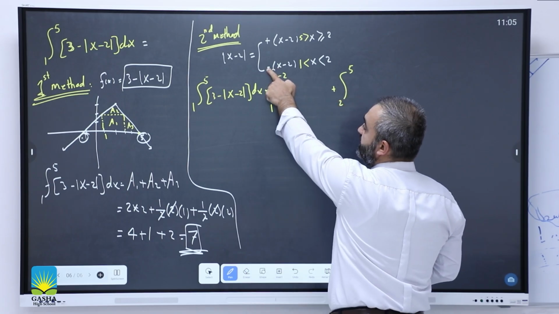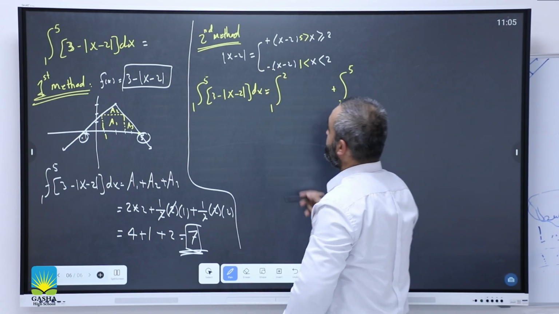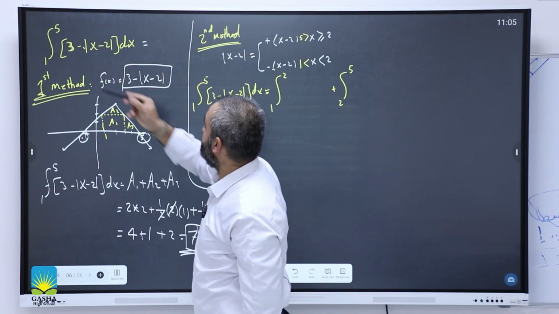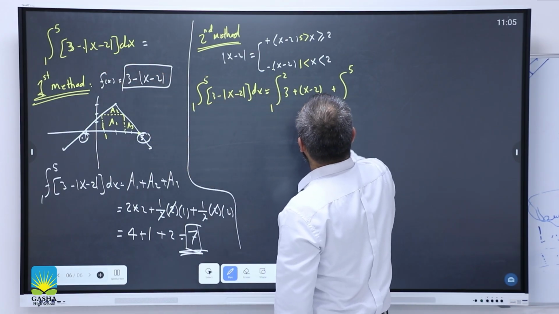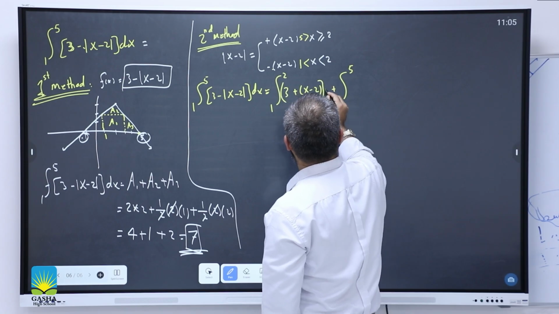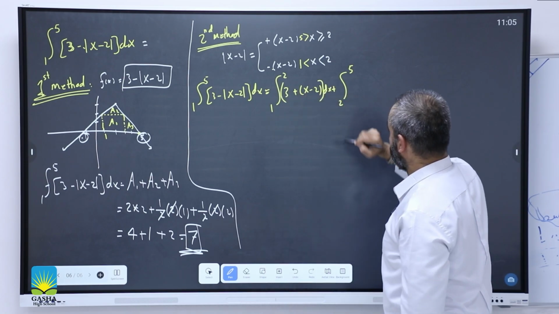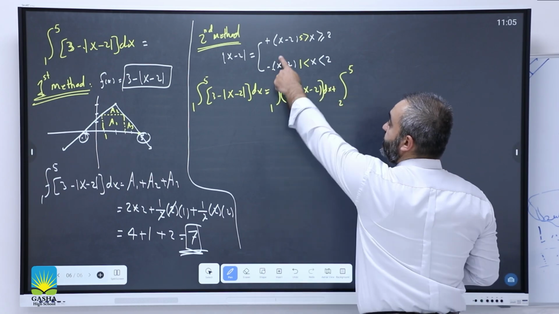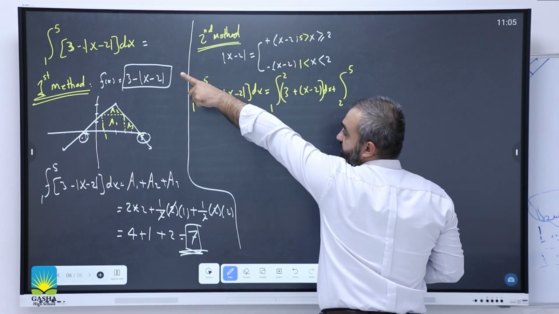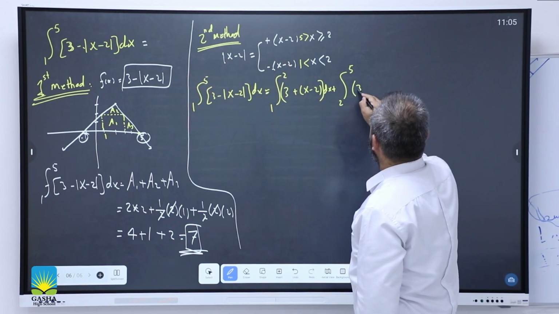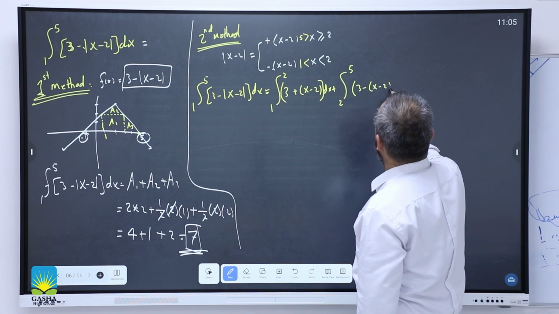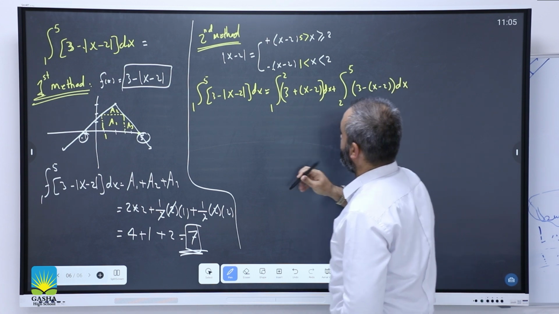The absolute value is negative, and negative times negative becomes positive. So 3 plus x minus 2, dx. What about 2 to 5? It's positive, so positive times the earlier negative becomes negative. And this is 3 minus x minus 2, dx, right?